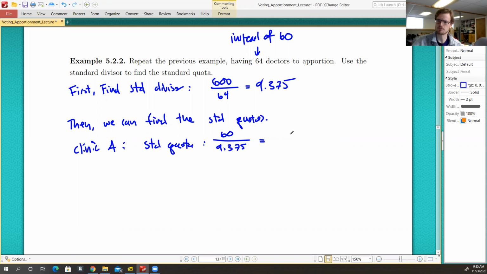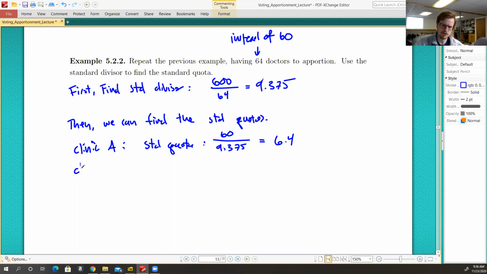We have more doctors to distribute among the clinics, so we should expect that they get more doctors. But we end up with 6.4. That doesn't necessarily make sense. I can't give out 4/10 of a doctor. So what does that mean for us?